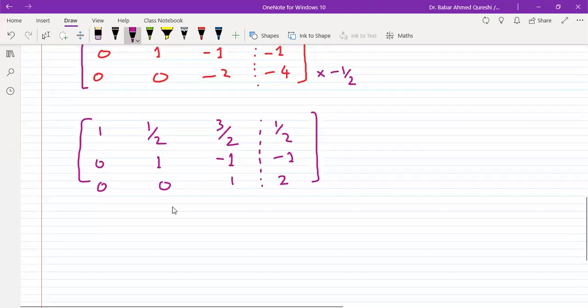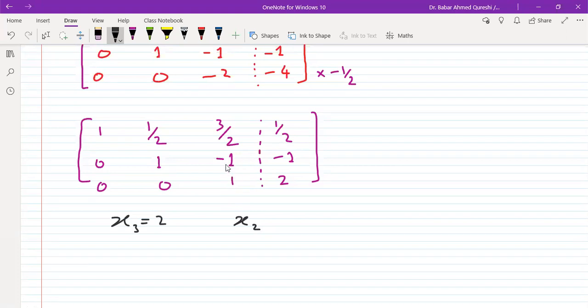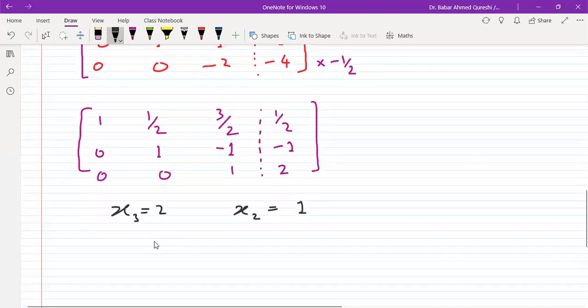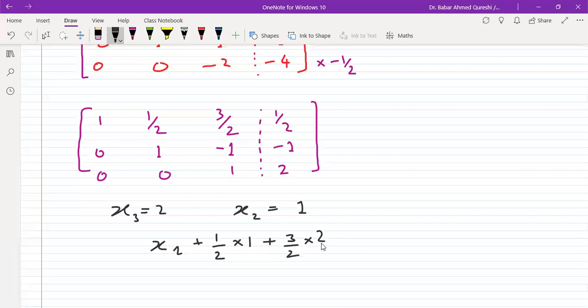So now I can again start constructing my solution, and this time you can just read it off much easier. So x3 is directly 2. Now you put it over here, you get x2, you have a -2 and -1 on the other side, you bring it over here, you can read it off that x2 is 1, and x1 plus half into 1 plus 3 by 2 into 2 is equal to half.